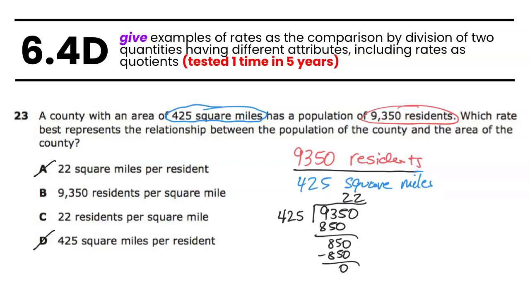From there, they should know that 9350 divided by 425 is not going to be 9350. We hope that our students would have number sense to that level to understand that 9350 divided by 425 is going to be a number less than 9350, and so that would obviously leave us with C as the correct answer.